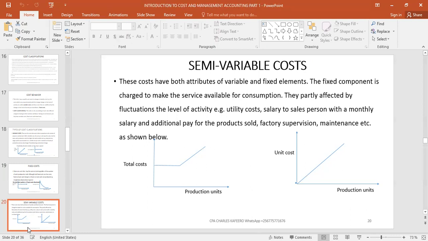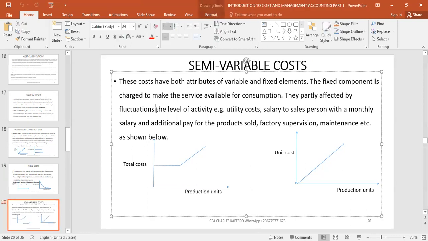These costs have both attributes of variable and fixed elements. The fixed component is charged to make the service available for consumption. They are partly affected by the fluctuations in the level of activity.